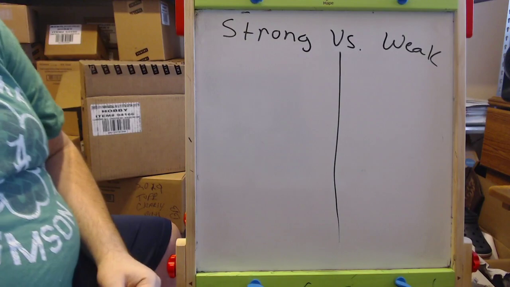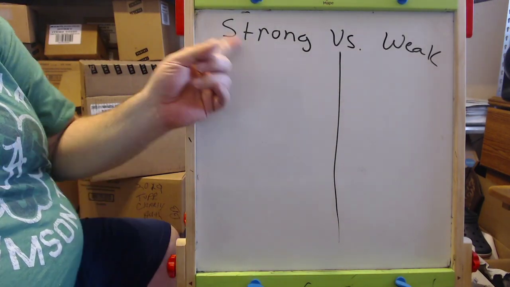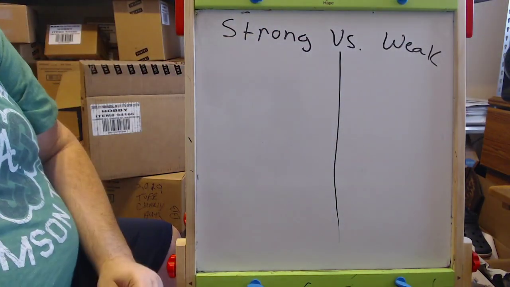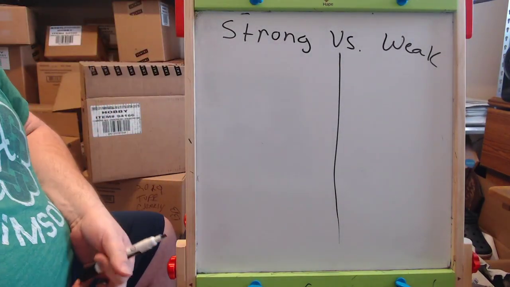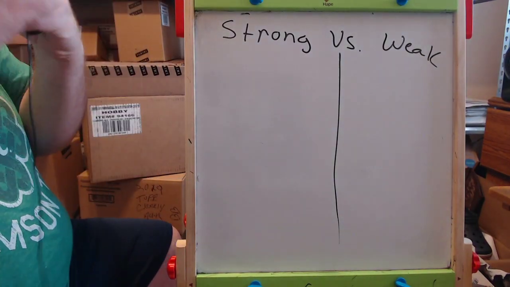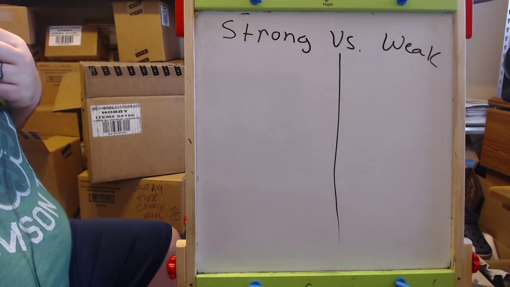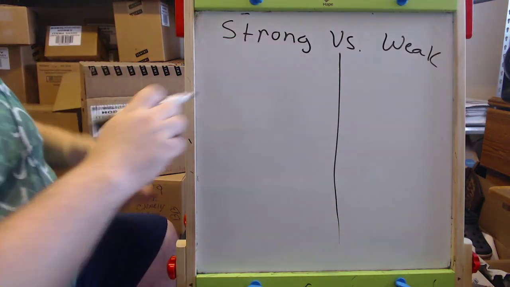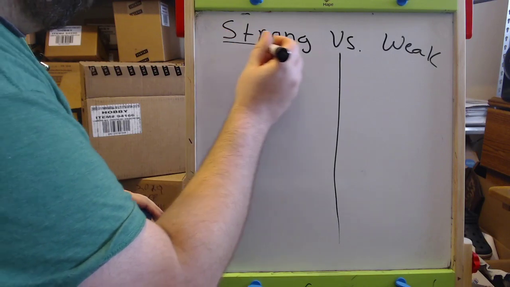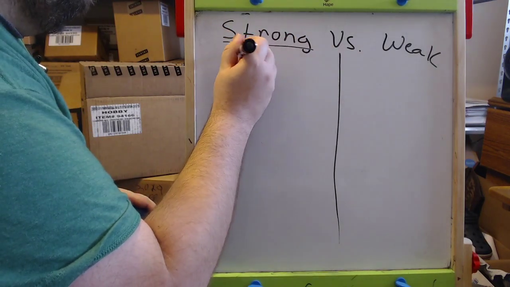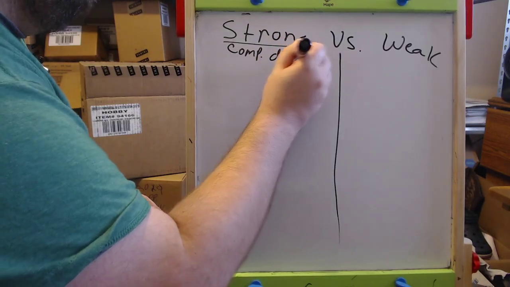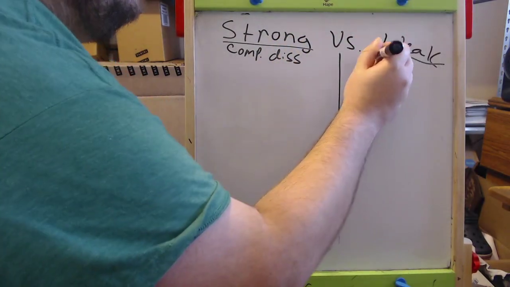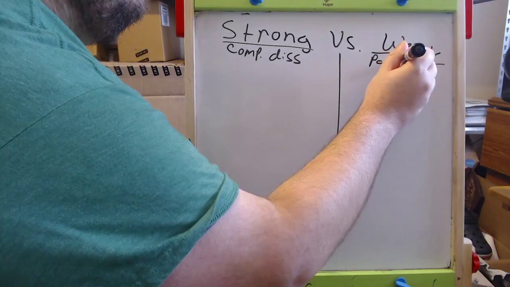What strong and weak mean is that a strong acid will completely dissociate in water. A weak acid only partially breaks down.